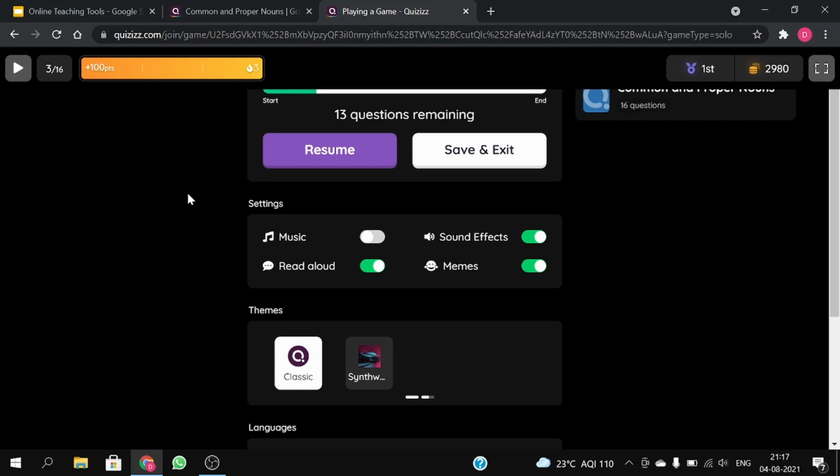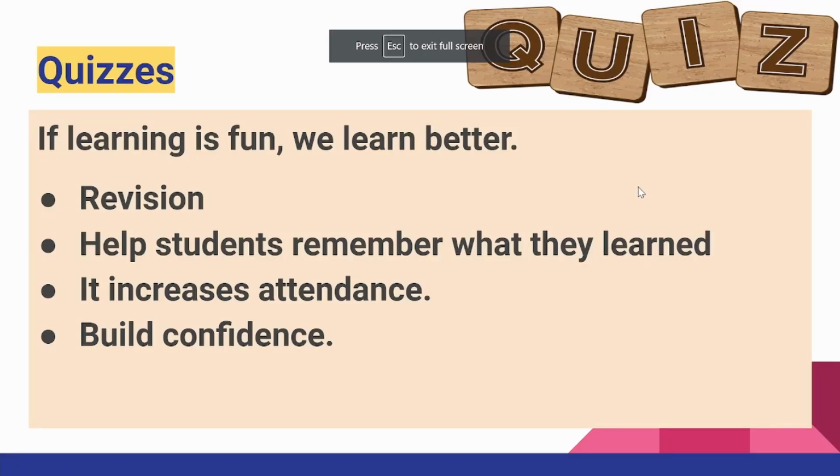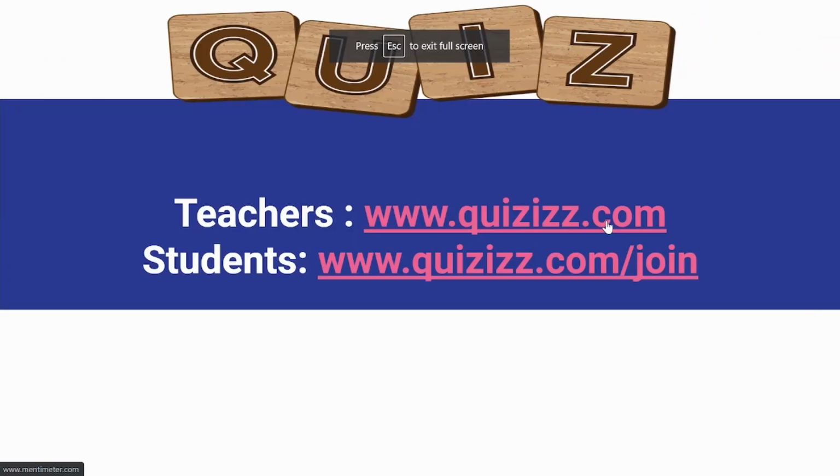We have to explore and check all the quizzes for other subjects also. Fine. So this is the website. Students will log in from this site and teachers can log in from this website.